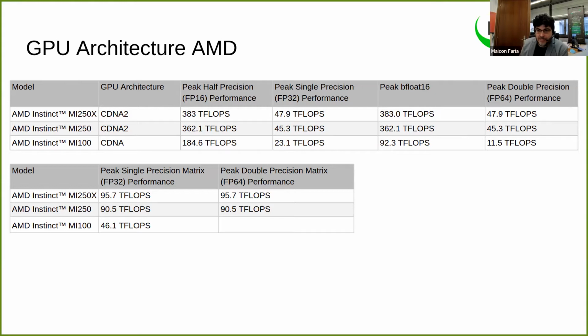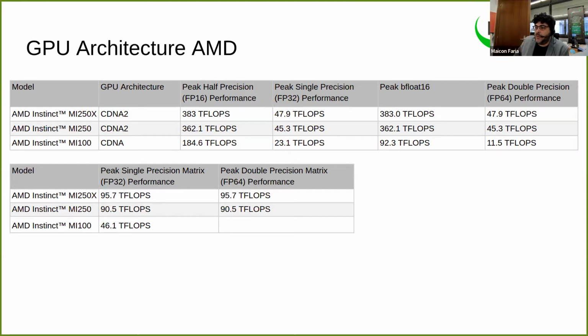But still, I'm a physicist, so the first thing that I look at is the FP64, the last column here, and here we see, in raw numbers, 4 times compared to a V100, well, sorry, to an A100.